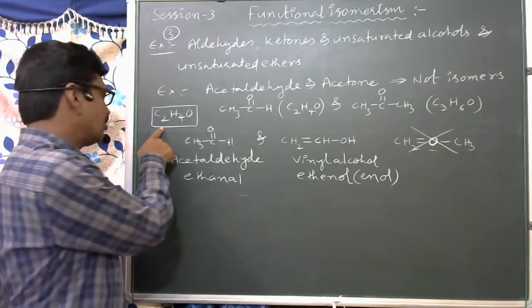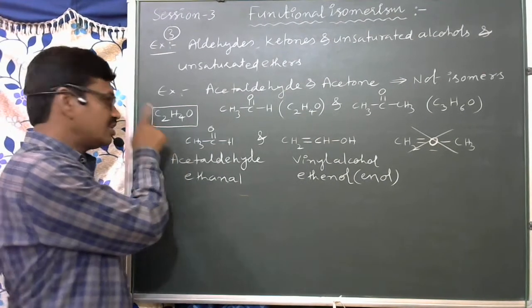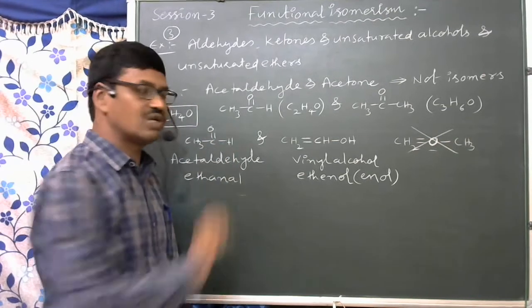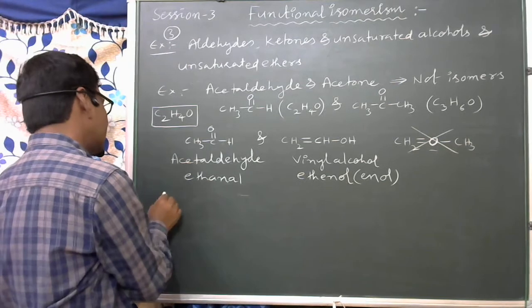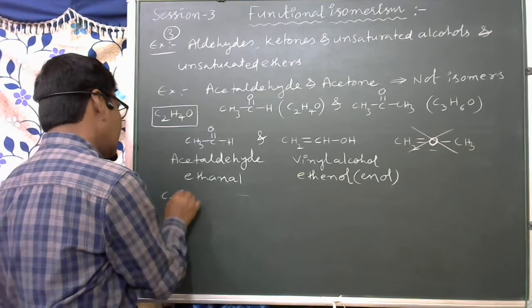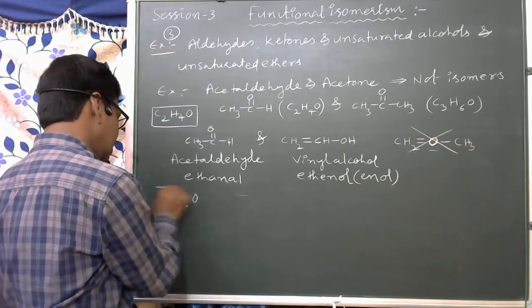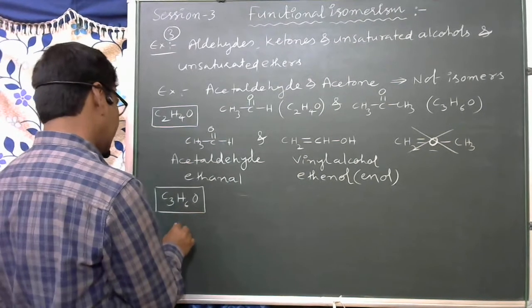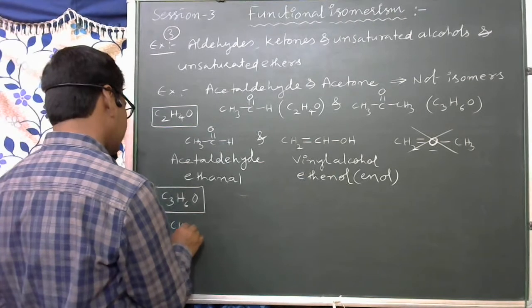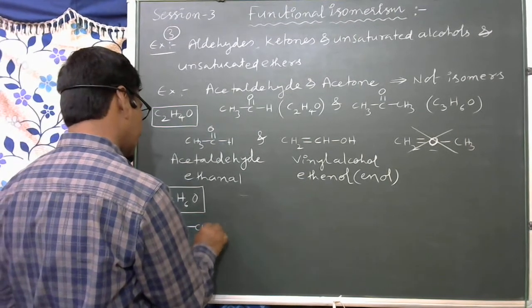So for this formula we have functional isomers, but that is in alcohol only. If you take three carbons, one more example for this is C3H6O. I am writing C3H6O. For this, first we can write CH3CH2CHO.